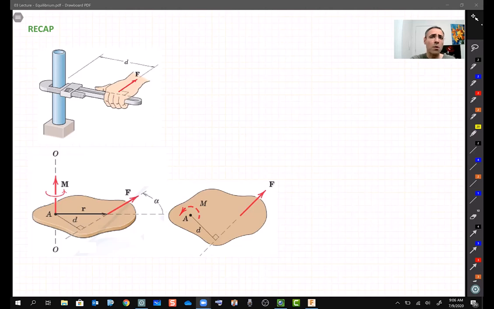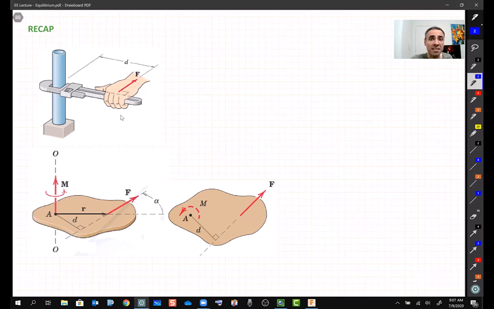So force, we know it's a scalar, it's a vector, right? It needs magnitude and it needs direction. When we apply a force to something, let's say to this wrench here, it creates basically a turning action.